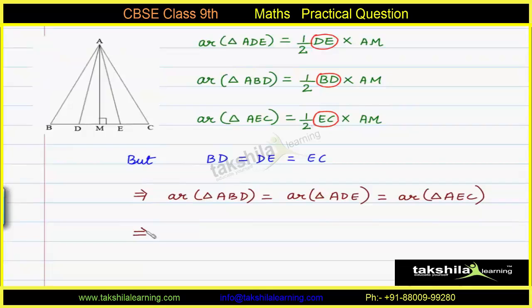So this implies from here that we can say finally that area ABD is equal to area ADE is equal to area AEC. So this is what we had to prove in the question.